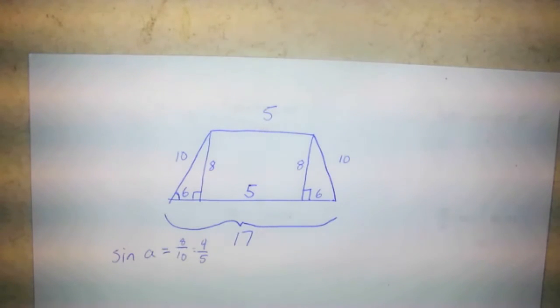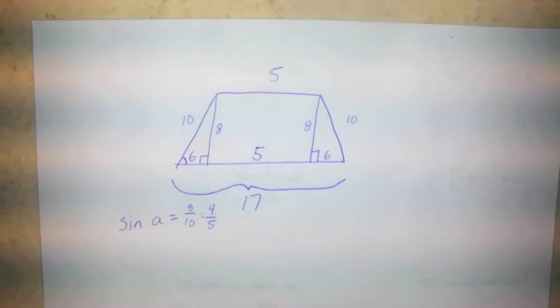Can we also go over number 13 on page 425? Yeah, of course. Number 13 on 425. Find the perimeter of a trapezoid. Okay, we seem to not love these trapezoids.